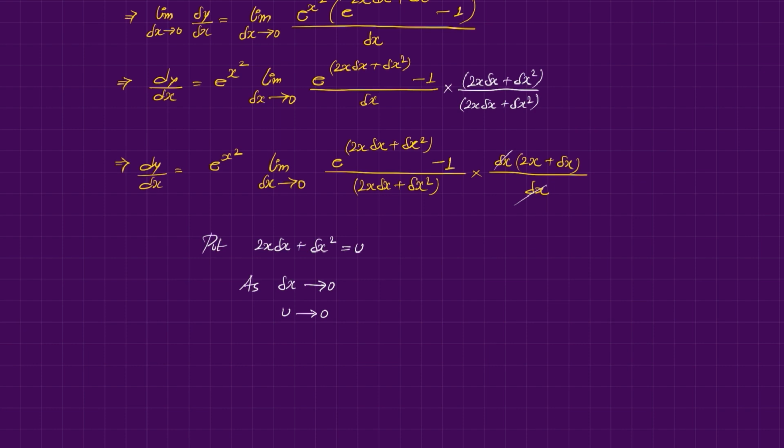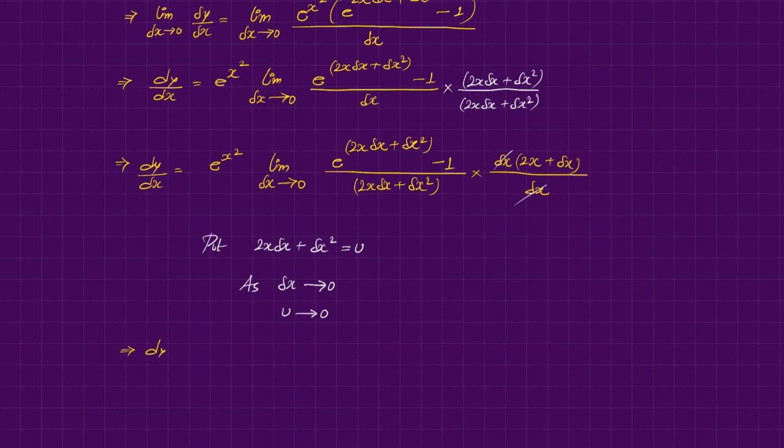How is this? Because delta x is tending to 0, so if I put delta x as 0 here, u will also be 0. That means u also tends to 0. And in the next step, we will distribute this limit to this particular portion and to this particular portion.